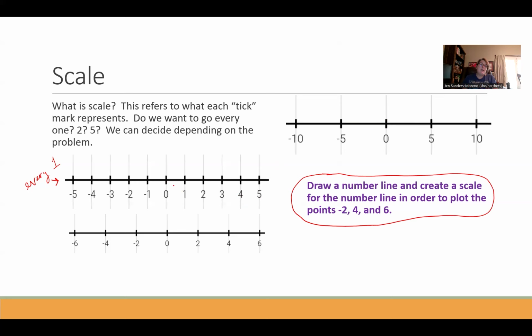Whereas if I were to use every 1 or every 2, this would probably be a great job. So I'm going to start this one because maybe that one would be the best one to plot. And by the way, plotting points is just drawing a dot, a filled in circle. Sometimes the Common Core textbook will have us name them, like plot -2, call it A. So that's just kind of following directions and practicing.